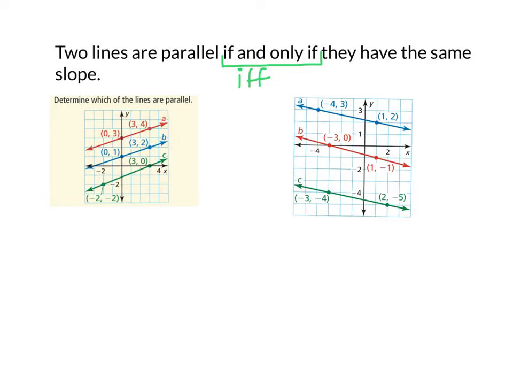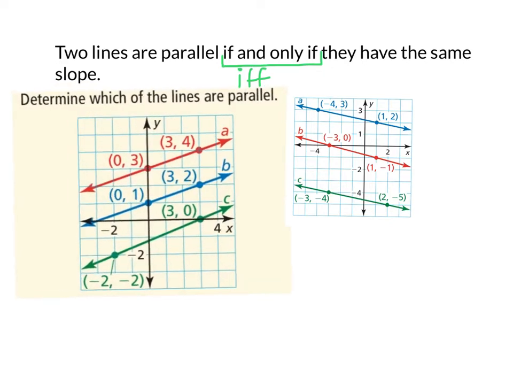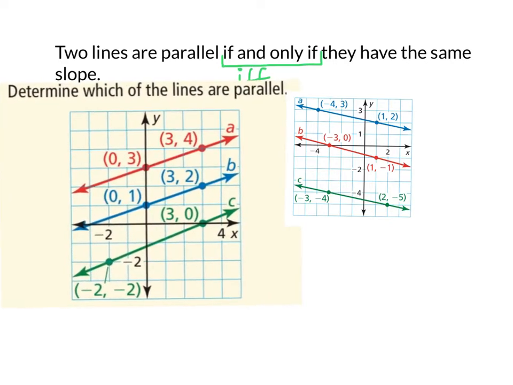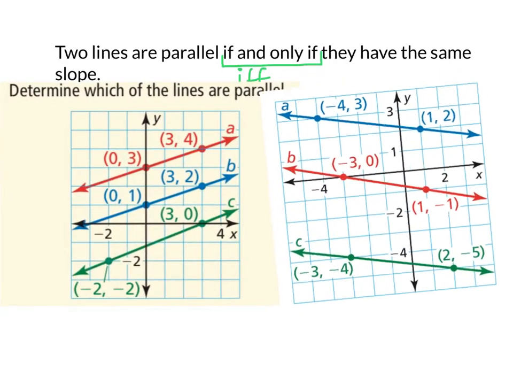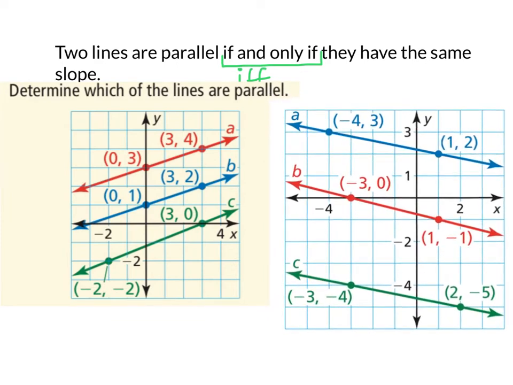So the first thing we looked at was, can we look at some graphs and determine if they are parallel? I'm going to make this bigger so we can find the slopes a little better. As we find the slopes of these lines, we're looking to see which of them have the same slope. The first line, A, on the first graph is up 1 over 3.